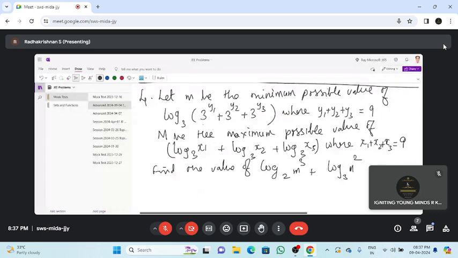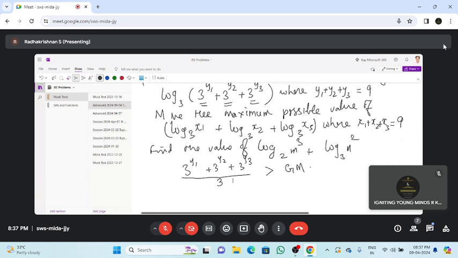Suppose you take these three numbers, 3 power y1 plus 3 power y2 plus 3 power y3. What is the arithmetic mean? The whole divided by 3. The arithmetic mean of this is greater than the geometric mean, and that is the concept we should use. So the minimum of this expression is its geometric mean.